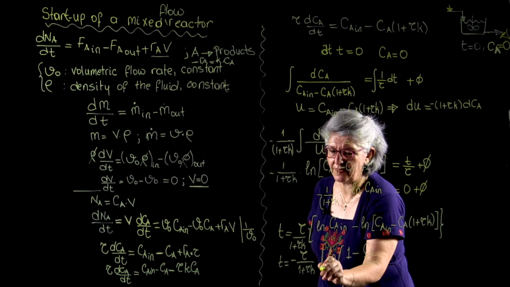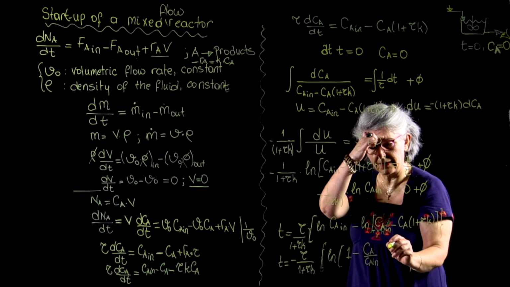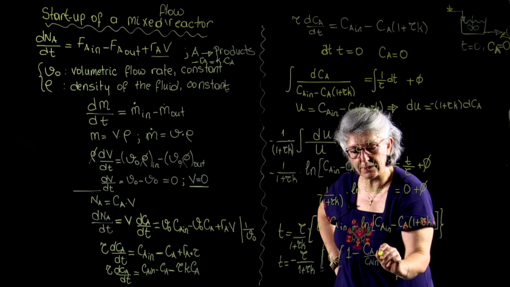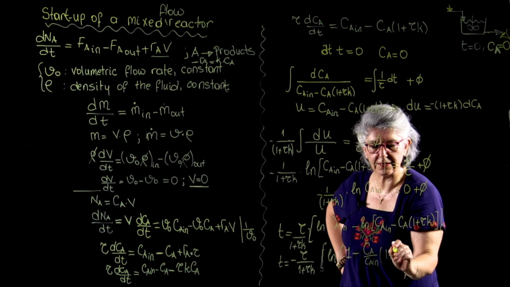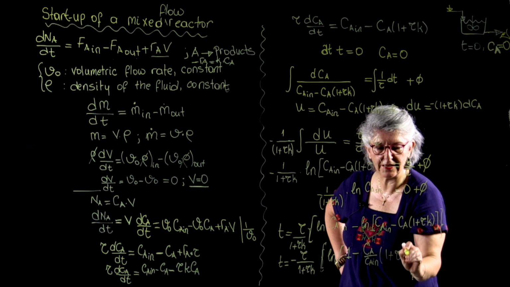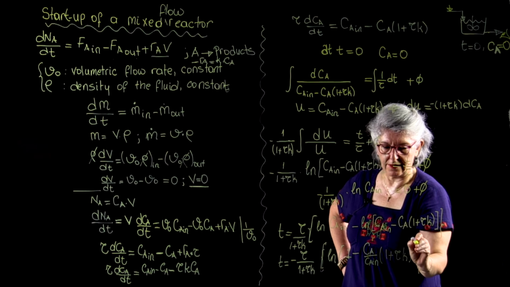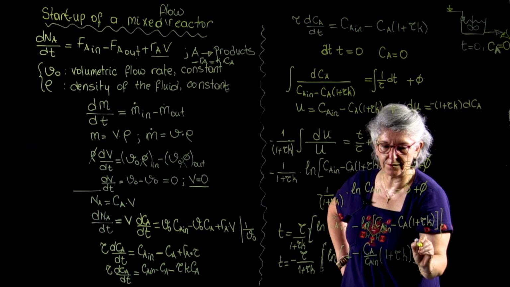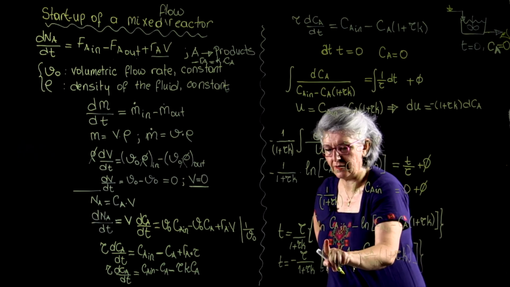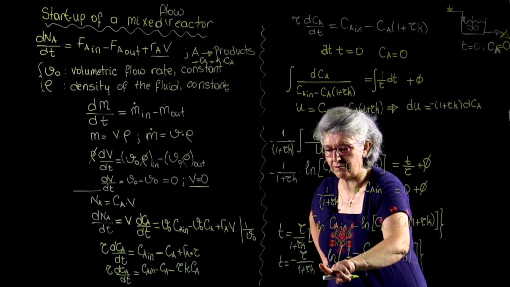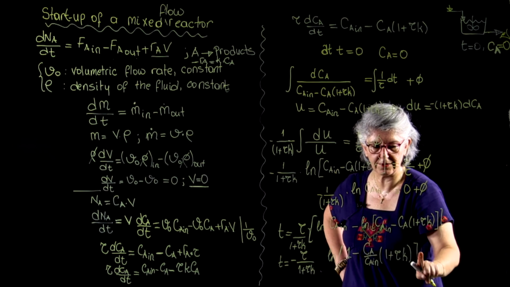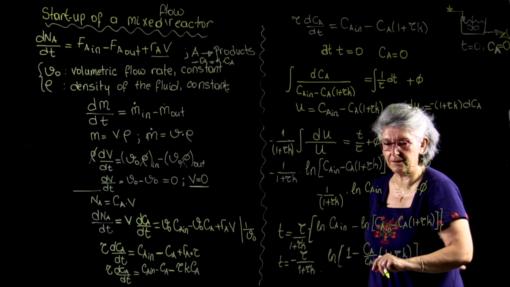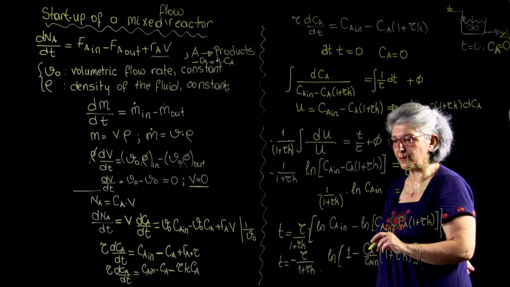Let's keep our fancy and square brackets, times 1 plus tau k. Actually, we don't need those brackets now; ln takes care of this. Okay? So this is our expression.